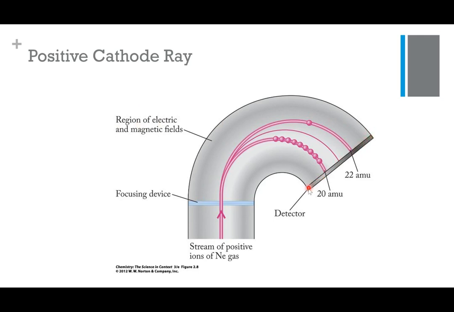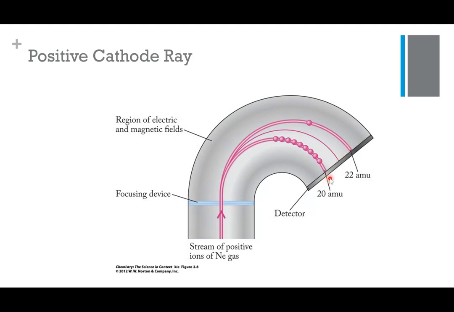And then over here, we've got our detector. So scientists put in a stream of neon gas. They bent it around a curve. And what they expected to see was we put one stream of neon gas in, we get one stream of neon gas out, right? Not so much.